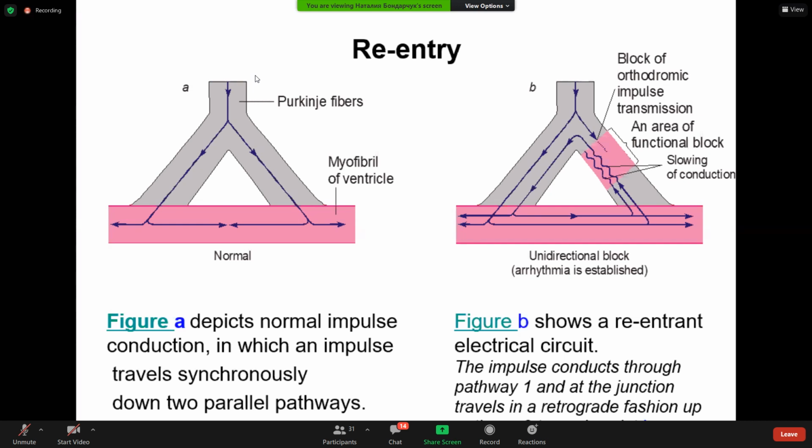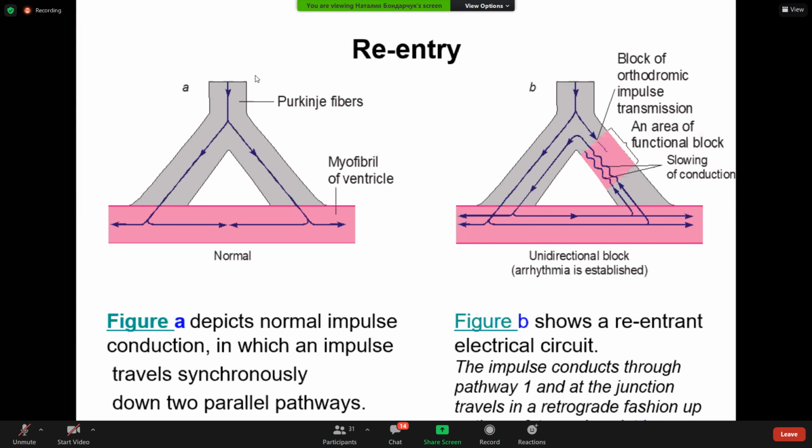So re-entry is the most common cause of arrhythmias, and it can occur at any level of the cardiac conduction system. This short circuit pathway results in re-excitation of cardiac muscle. You see on the left the normal impulse conduction plus an additional one. As a result, there will be a re-excitation of cardiac muscle, causing premature contraction or a sustained arrhythmia.